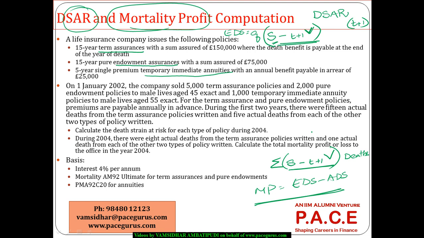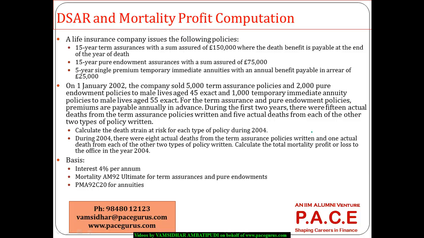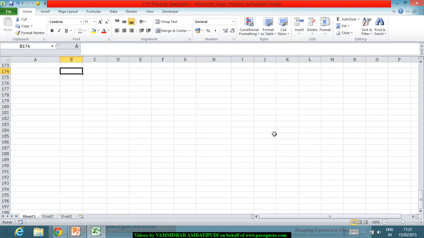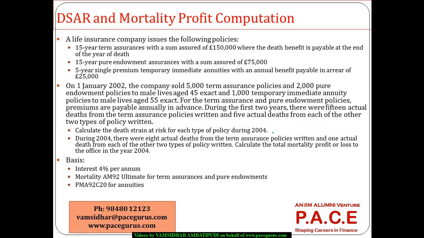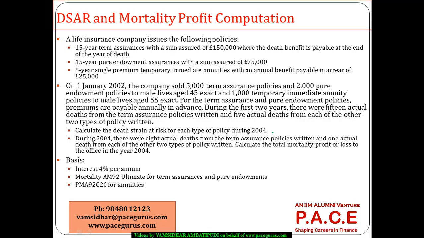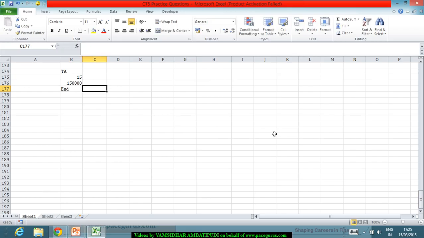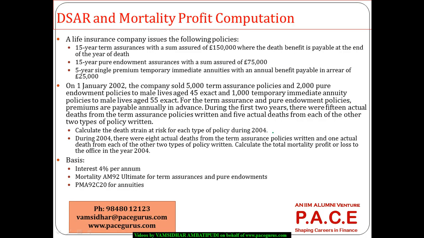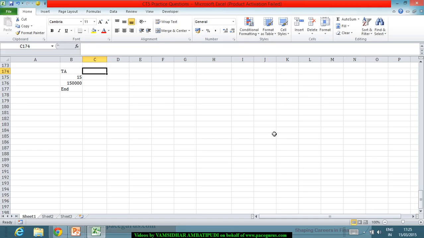A life insurance company issues the following policies. The first is a term assurance policy for a 15-year period, with a sum assured of 150,000 paid at the end of the year of death. Then we have a 15-year pure endowment.